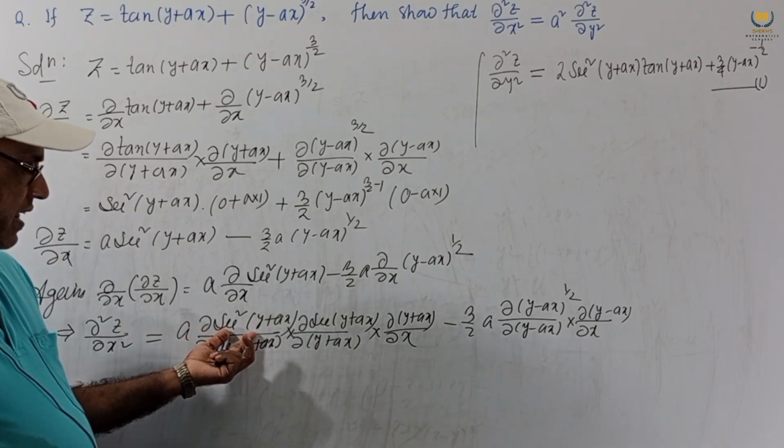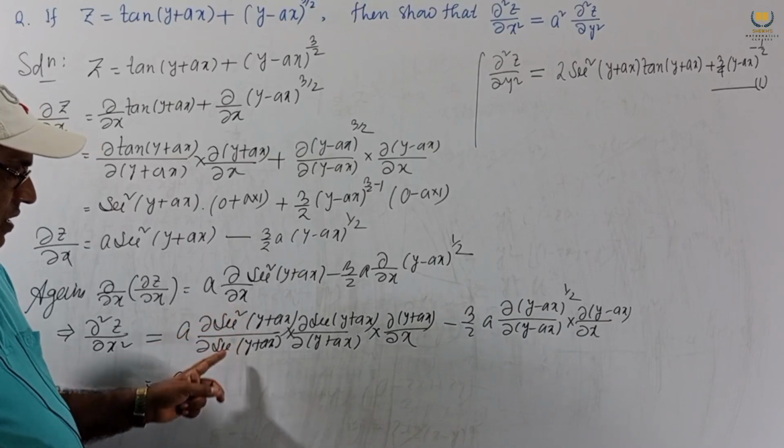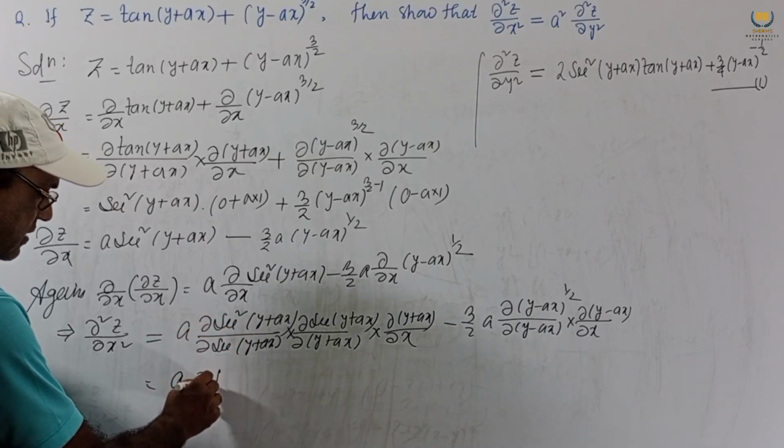So we assume this is x square dx, then we get 2x.